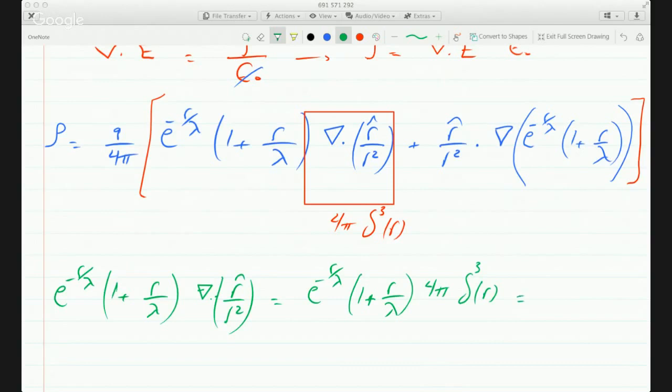As you remember from chapter 1, we evaluate this and it goes away everywhere except at r equals 0.